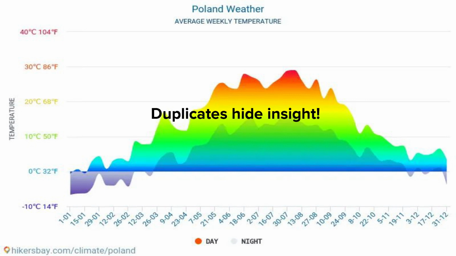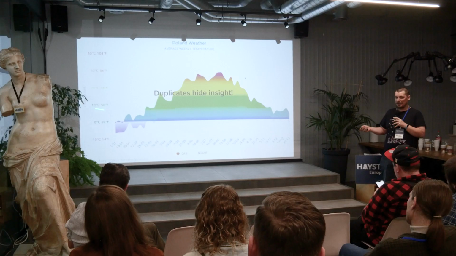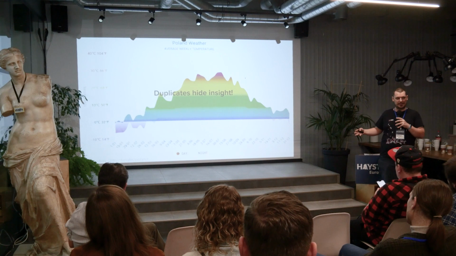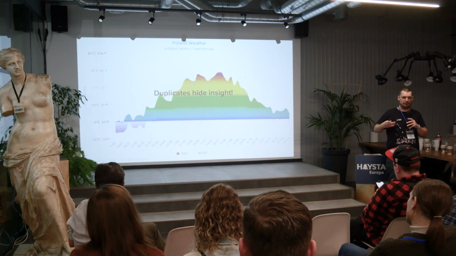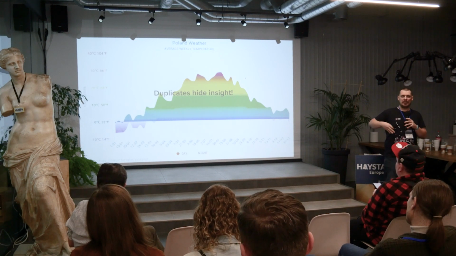For example, that's a temperature map taken somewhere. You can imagine that temperature is being measured at a few different places in Poland. They obviously have different weather patterns in general. For example, across the year, it's usually hotter in Kraków than it is in Gdańsk.